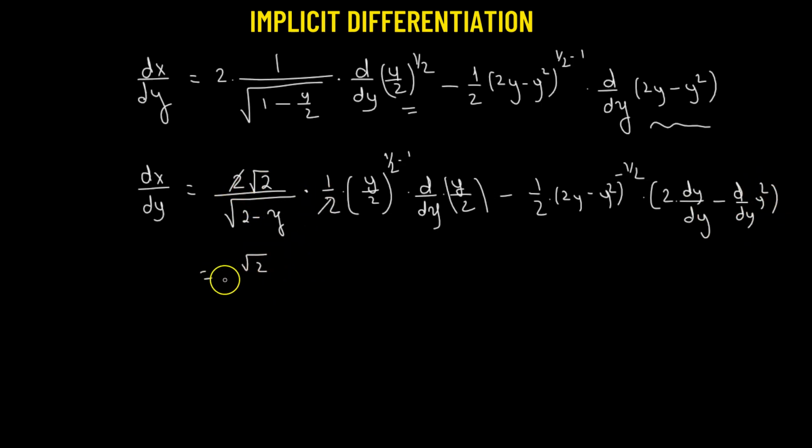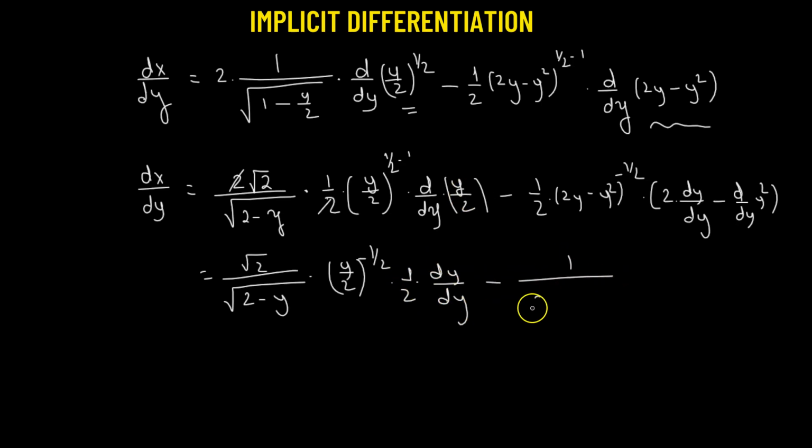So we have square root of 2 divided by square root of 2 minus y multiplied by y over 2 raised to the power of negative 1/2, multiplied by, so 1/2 is a constant, the derivative of y with respect to y, minus 1 over 2. We'll take this 2y minus y squared raised to the power of negative half from the numerator to the denominator, and rewrite it in radical form as the square root of 2y minus y squared, multiplied by 2 times the derivative of y with respect to y, simply 1, minus the derivative of y squared, which using the power rule gives us 2y.